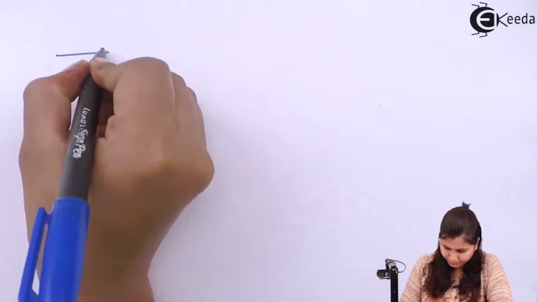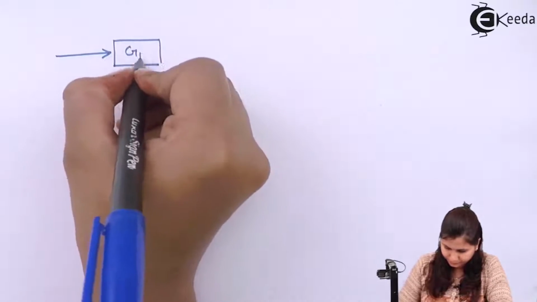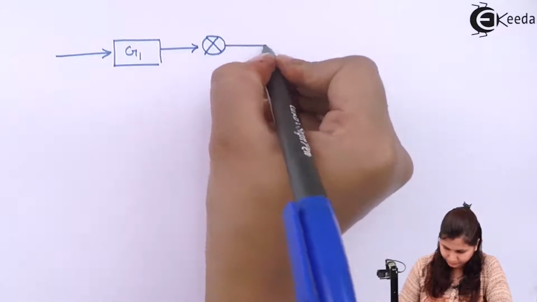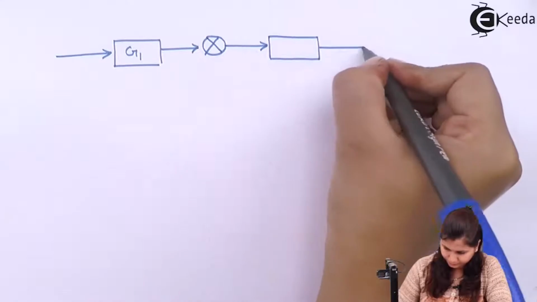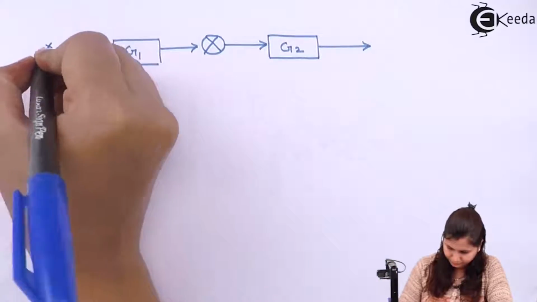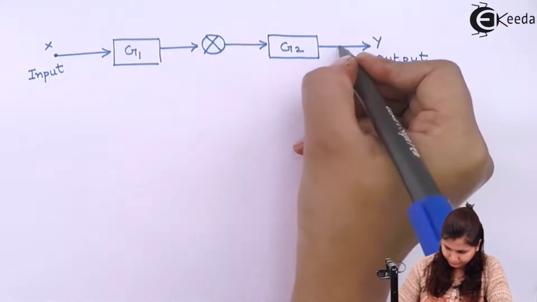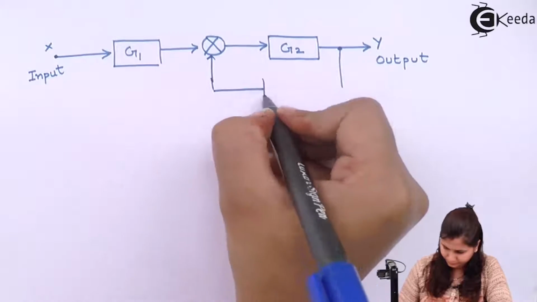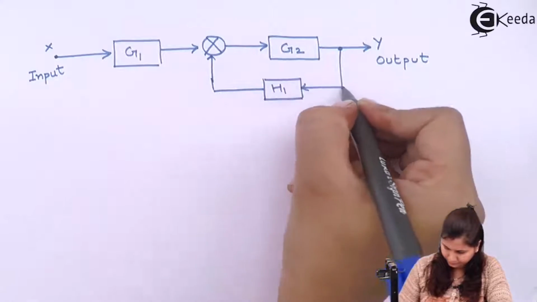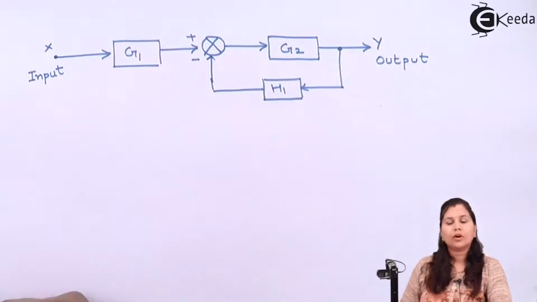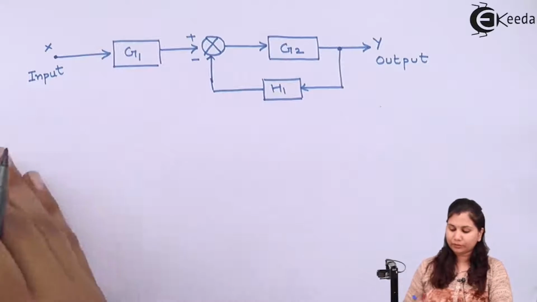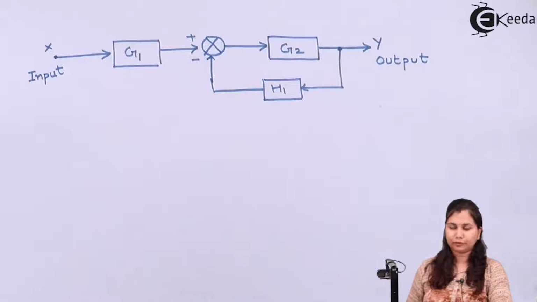So let us take an example of how we can convert a block diagram into a signal flow graph. So this is the block diagram and we have to convert it into a signal flow graph.